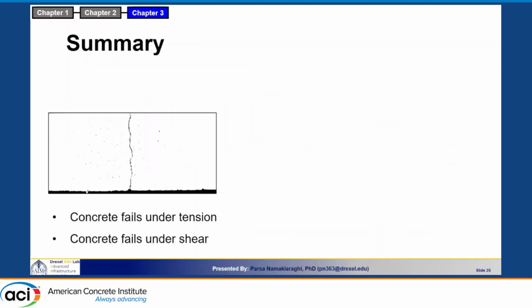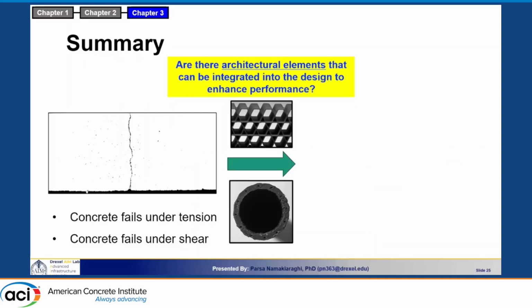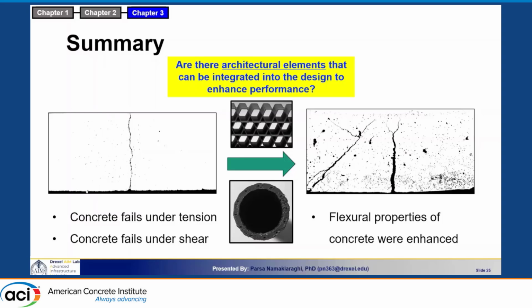To summarize, we were able to increase the tensile and flexural behavior of concrete through adding macro-architected polymeric elements. This was done as a proof of concept that if we are able to 3D print any material to use as an enhanced version of reinforcement, the material that we're using is not going to matter.